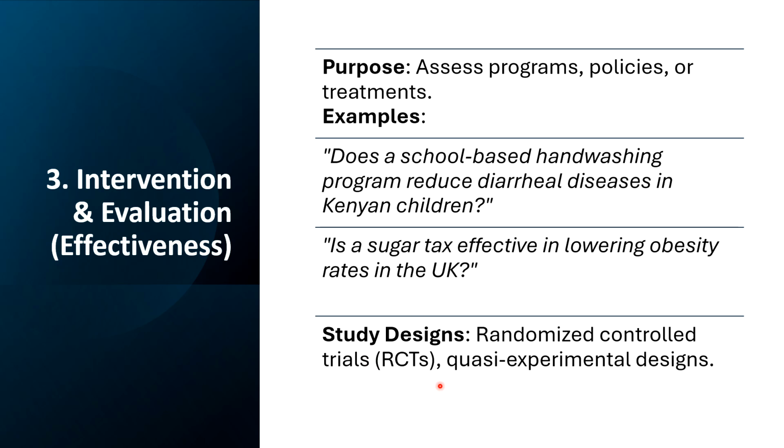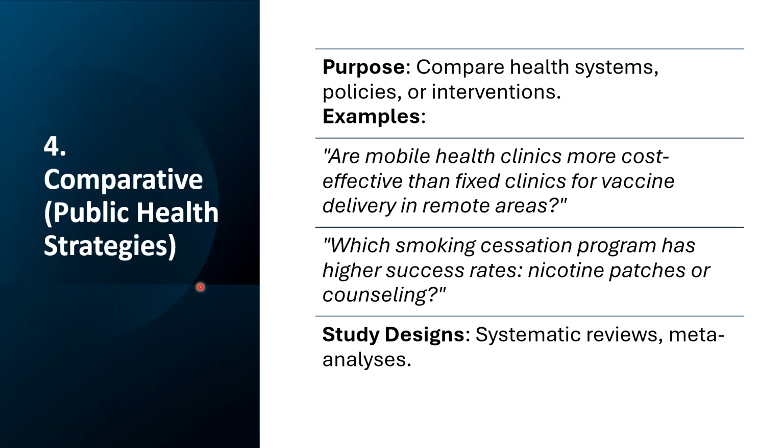The study designs used for such questions are randomized controlled trials, RCTs, and quasi-experimental designs. Then come comparative public health strategies. The purpose is to compare health system policies or interventions. For example, are mobile health clinics more cost effective than fixed clinics for vaccine delivery in remote areas?